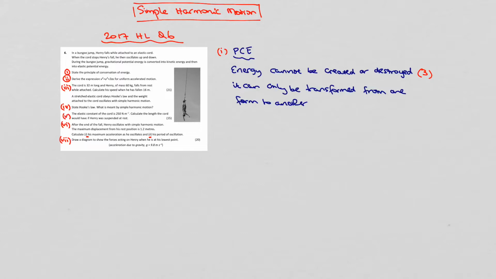Okay, so it's just important to note that obviously we can see here in the question, during the bungee jump, gravitational potential energy is converted into kinetic energy and then into elastic potential energy. So we're not destroying the gravitational potential energy, it's being transformed into kinetic energy, and then that kinetic energy is being transformed into elastic potential energy, okay?